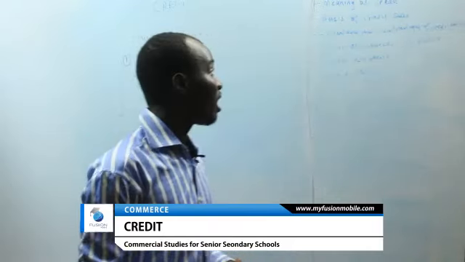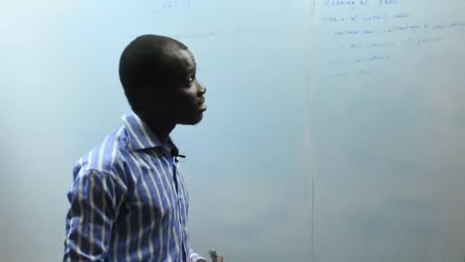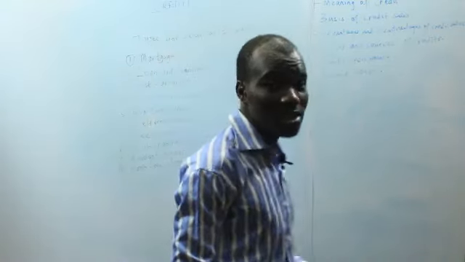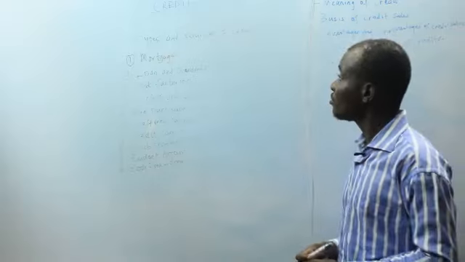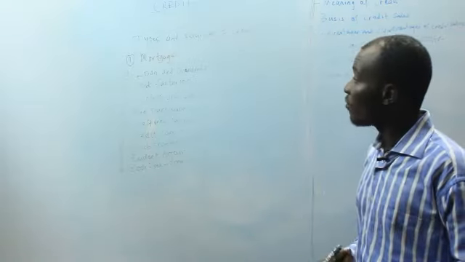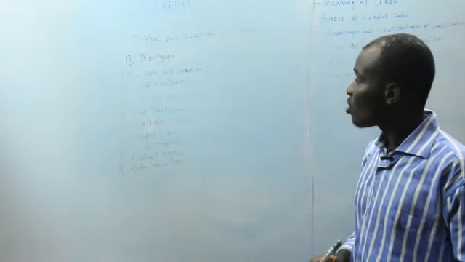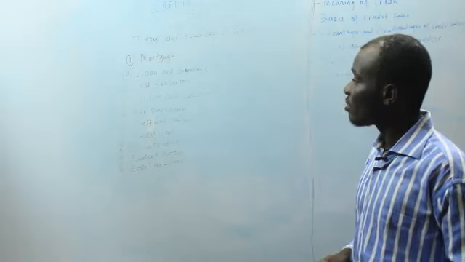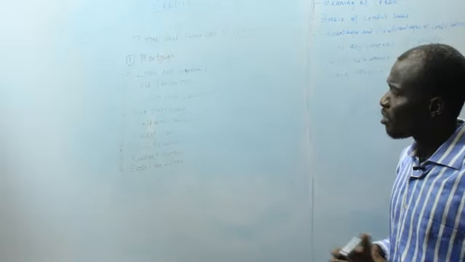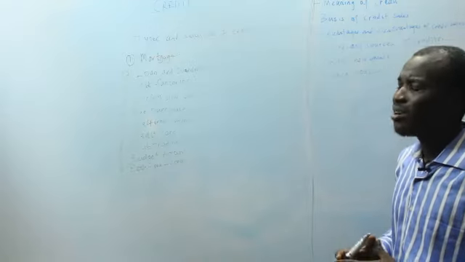So now we'll be looking at the types and sources of credit. We have the mortgage, the loan and overdraft, debt factoring, hiring and leasing, hire purchase, deferred payment, credit card, club trading, budget account, monthly account, and book me down.